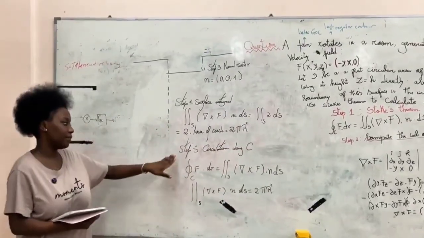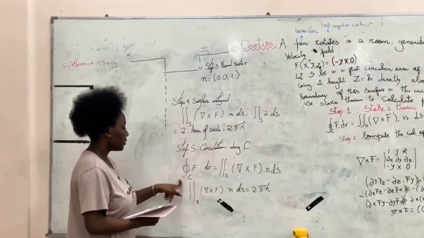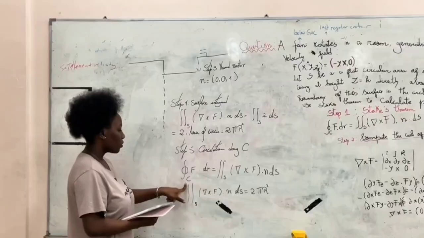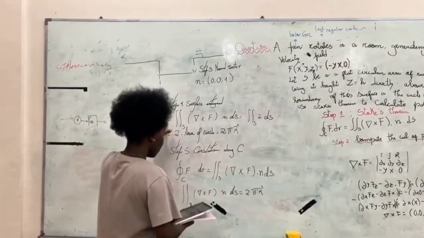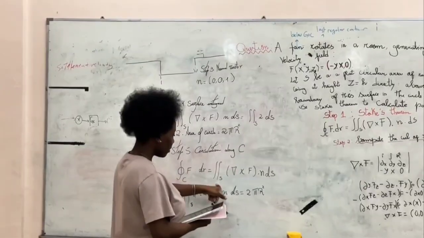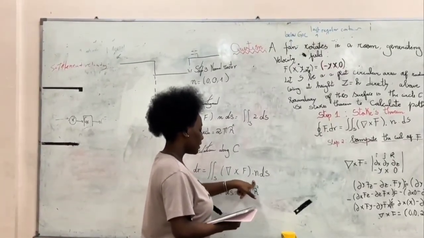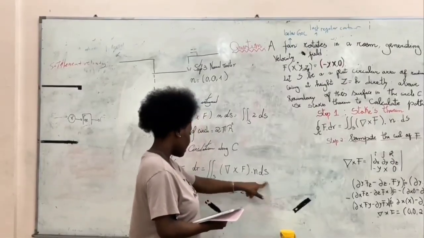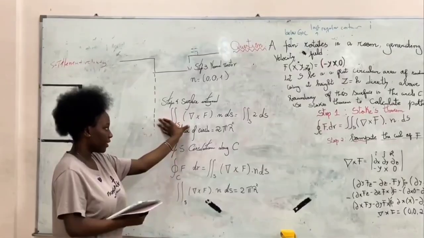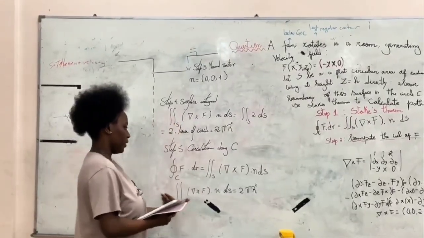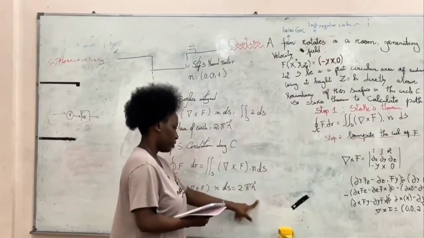Now we finish with step 5, the circulation along C. The line integral of F along C gives us the same formula as the surface integral of del cross F dot n dS. It's the same thing. So we already have the surface integral, and the result here is 2 pi r squared.